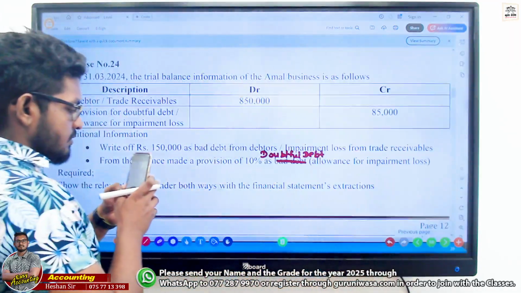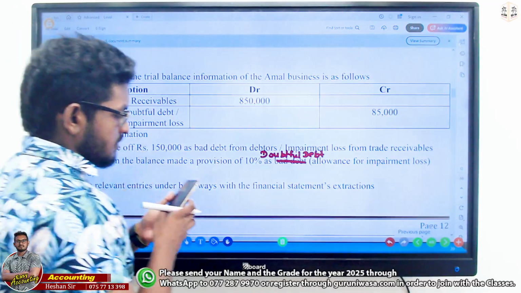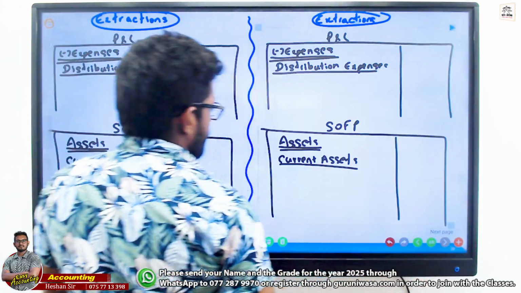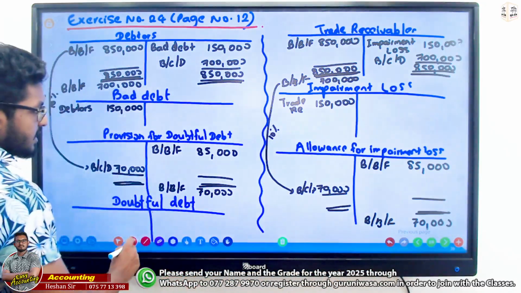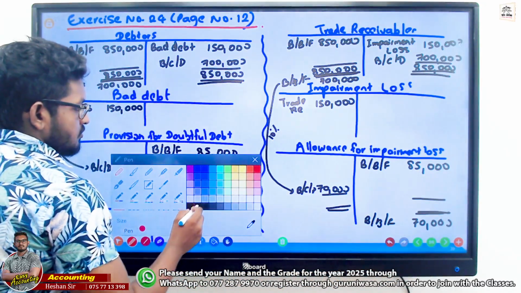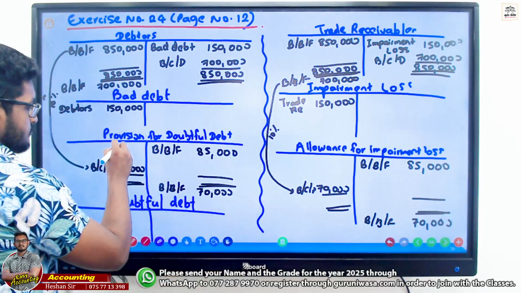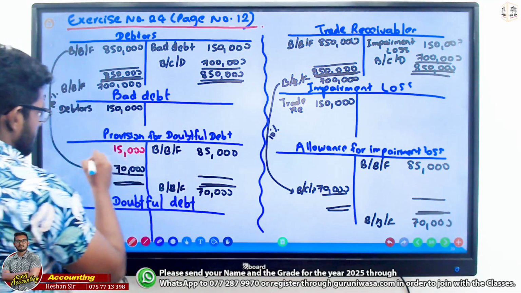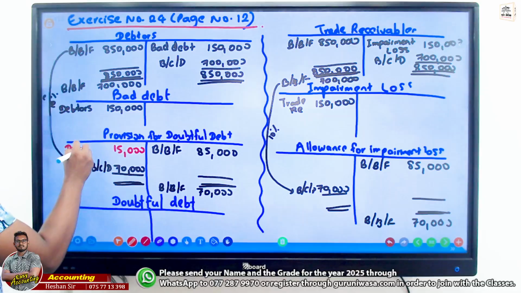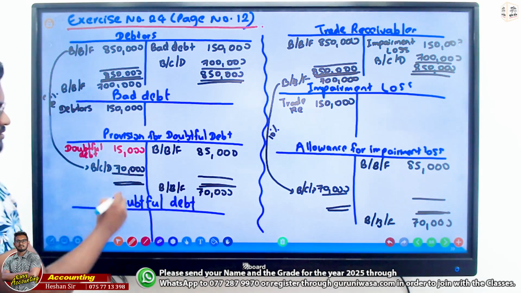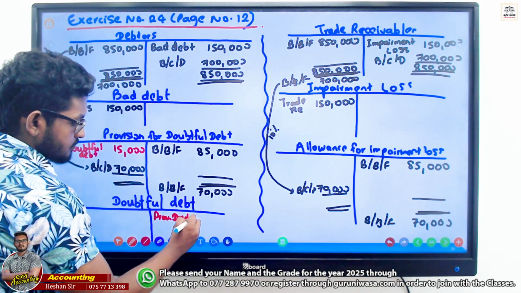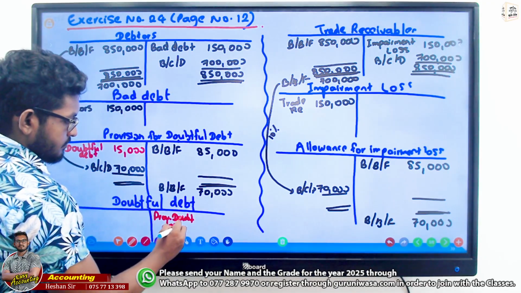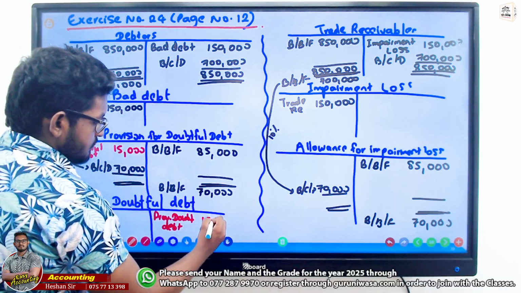Mostly got it; I will fix the mistakes for you. Right. In here, now we write 15,000 as doubtful debt. Provision for doubtful debt 15,000.